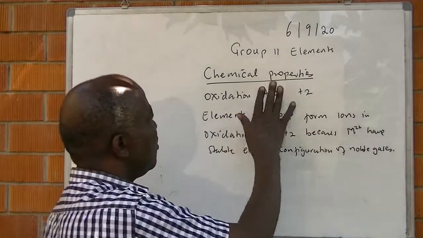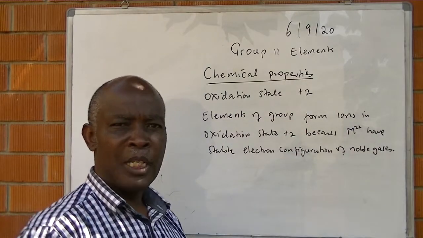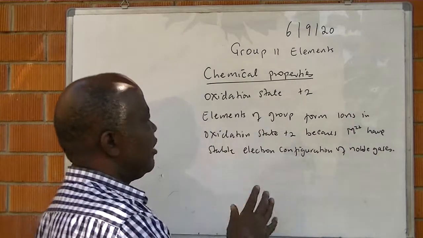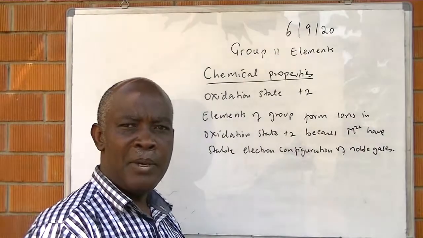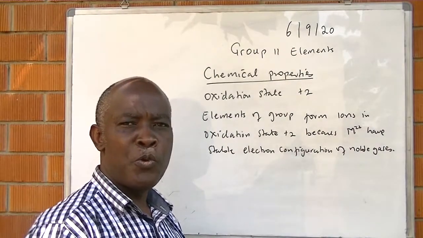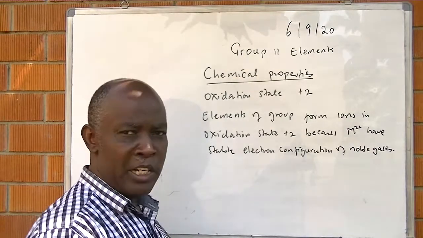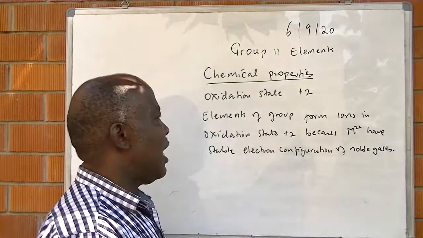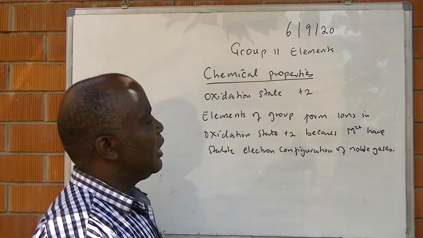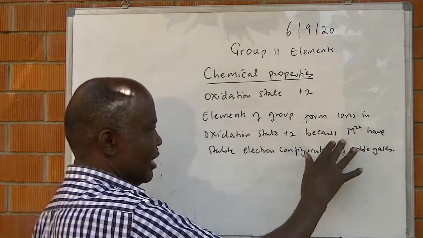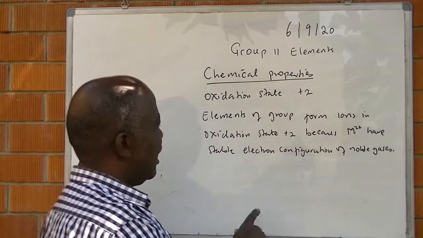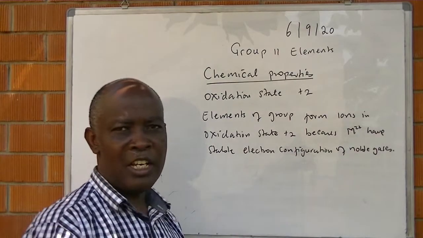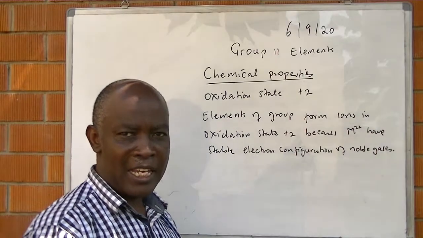Chemical properties of group 2 elements. Oxidation state. Elements of group 2 in the periodic table have got oxidation state of positive 2, and this is because the ion M2+ has got a stable electronic configuration of a noble gas.